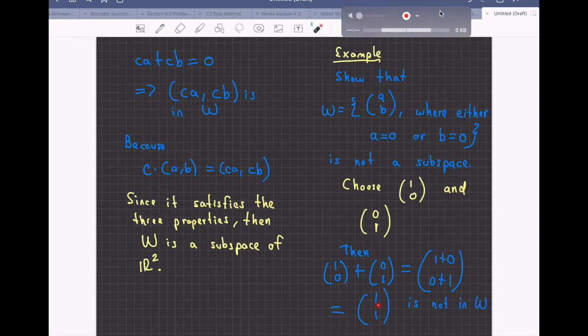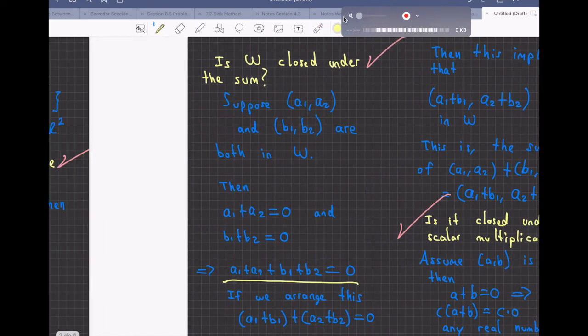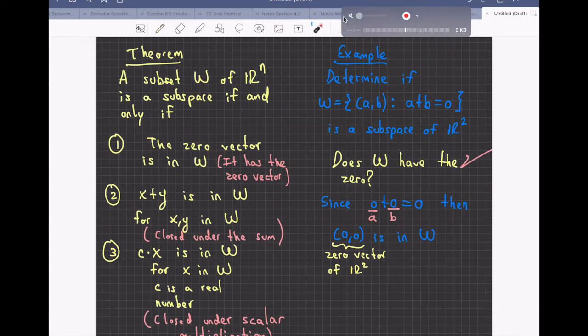Because here the two elements are 1. We don't have one of the two zeros, so this cannot be part of W. So the condition number 1 fails. This one, number 2, it's not closed under the sum.